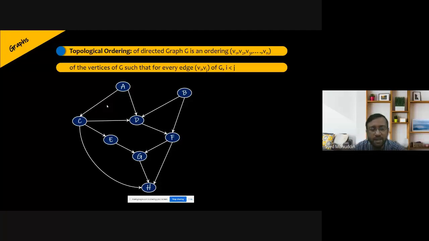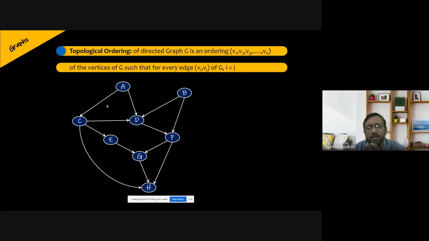So when we have an edge from vertex A to vertex C, vertex A is coming before vertex C. That is, i is less than j. So A is before C, and we will have the ordering of vertices A comma C.